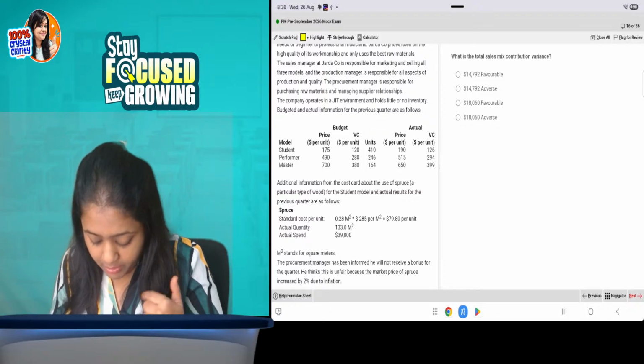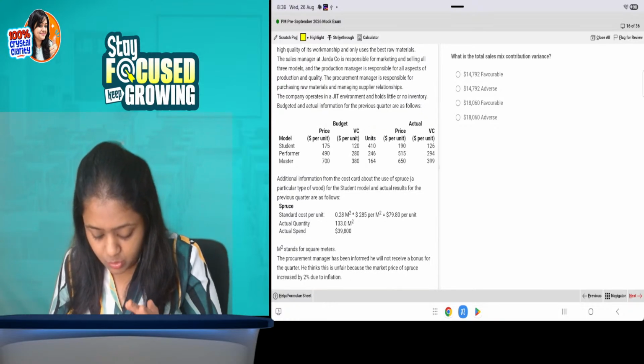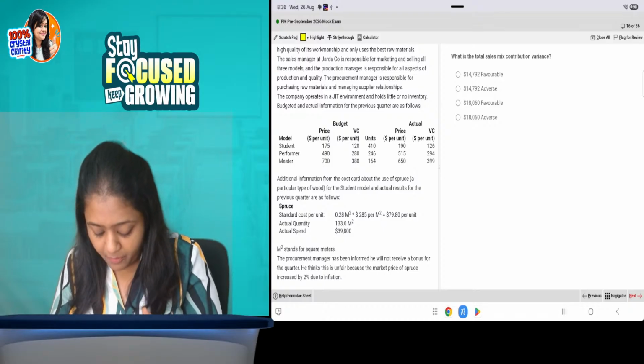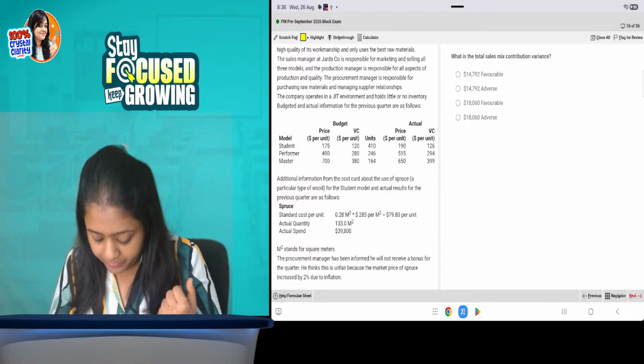Now actual quantity I need. Additional information from the cost card about the use of a spruce, a particular type of wood for the student model, and actual results for the previous quarter are given to you. Spruce, let's just leave for a minute, but I need actual quantity, right, to get the answer done.